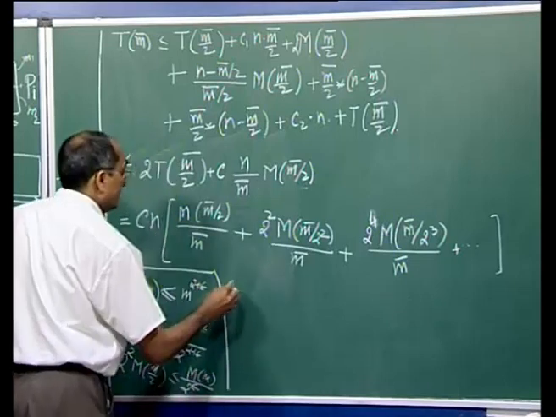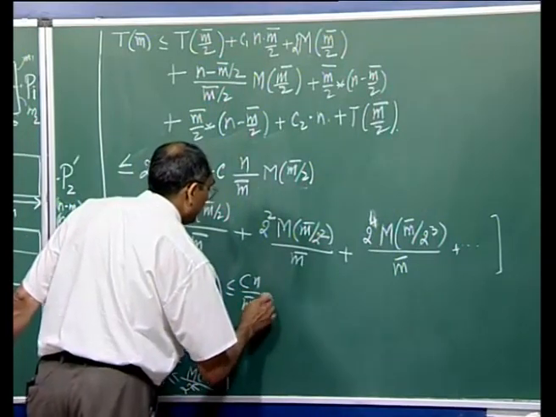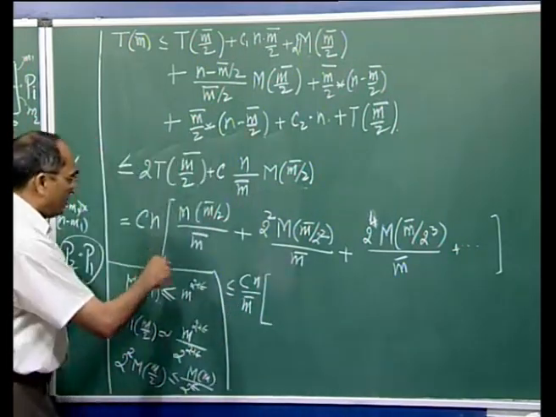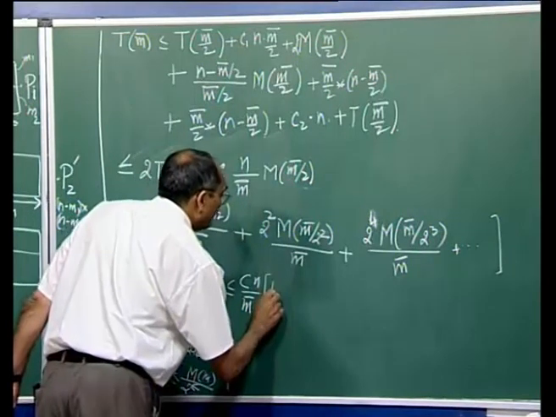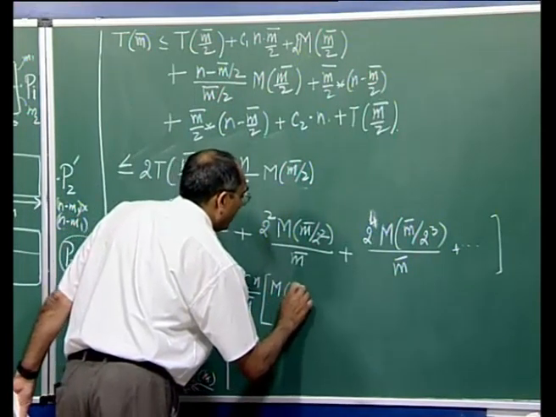So we will use this inequality and rewrite this as C n by m bar, that makes it M of m bar.